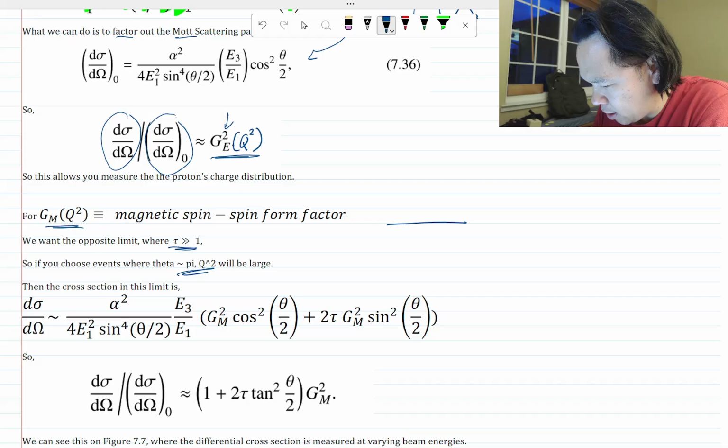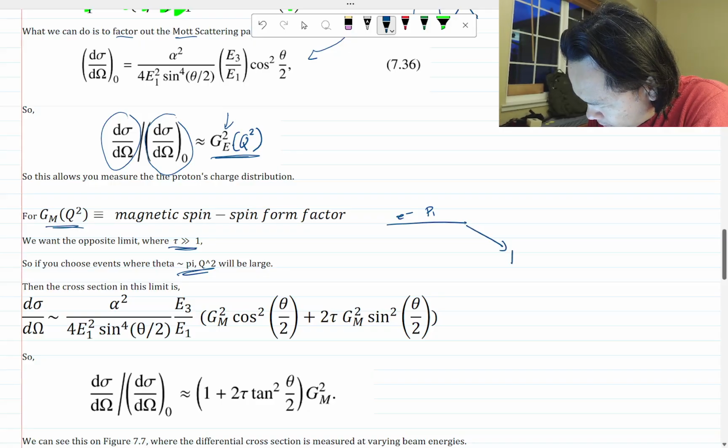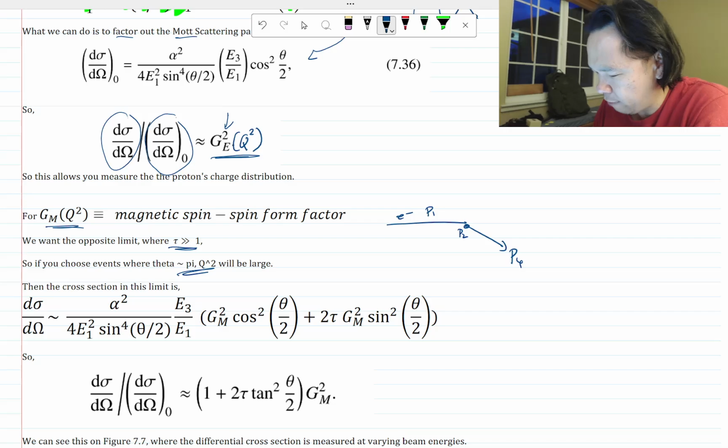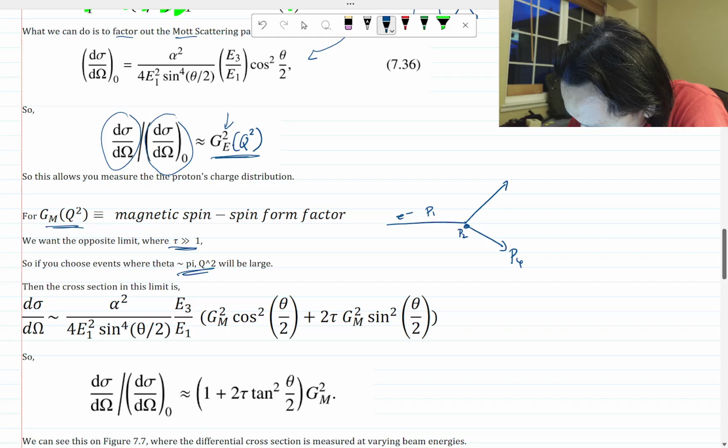So once again, we have the electron coming in with P1. And this is going to have P3, the proton coming out, and then P2 is the initial proton, P4 is the final state photon. In this case, we're going to look for events that have large scattering angle.